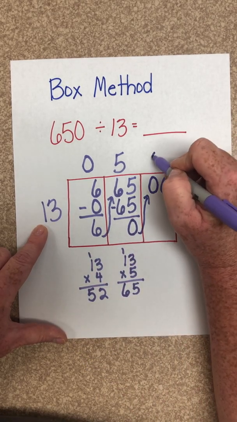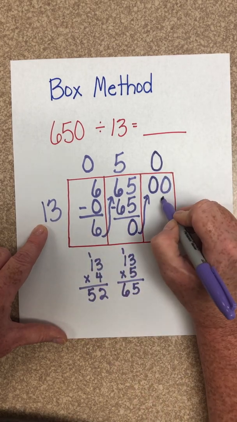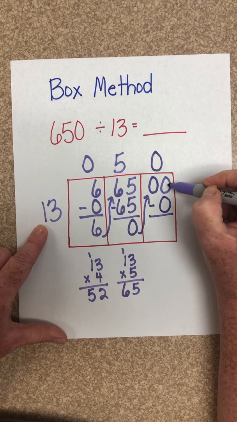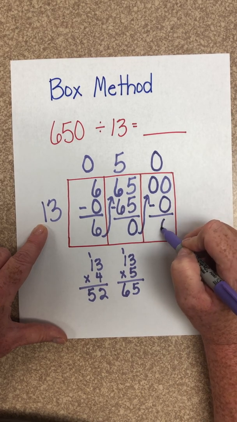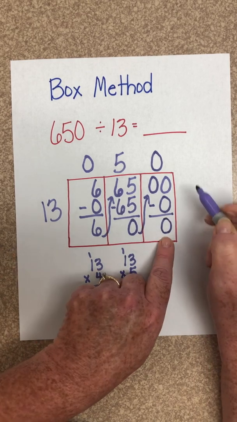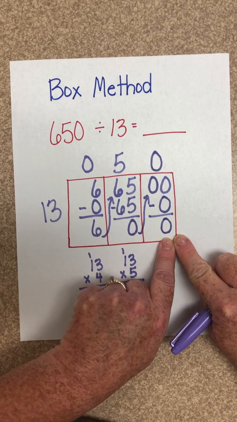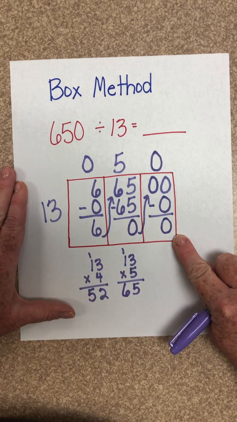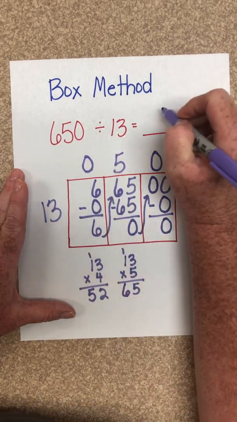The answer is 0. 0 times 13 is 0. We subtract. 0 minus 0 is 0. It is this 0 that tells us two things. We are finished with the problem, and we do not have any remainders. So now our answer to 650 divided by 13 is 50.